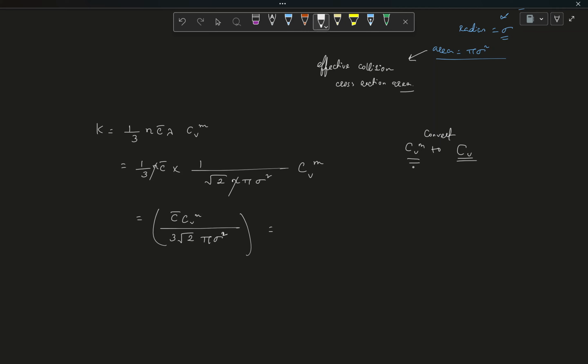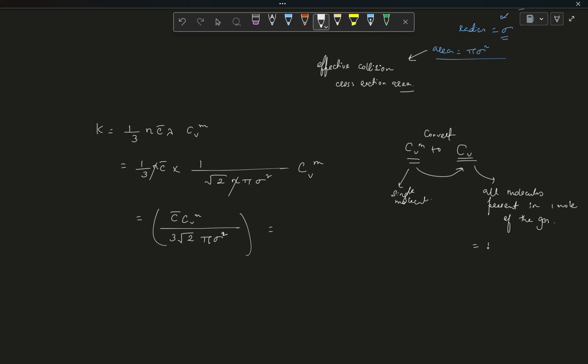So you are going from a single molecule to the number of molecules present in 1 mole of the gas.